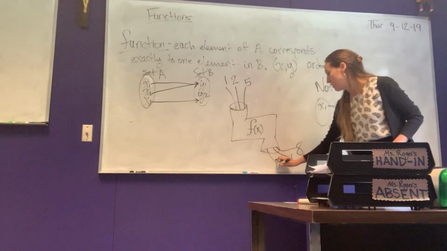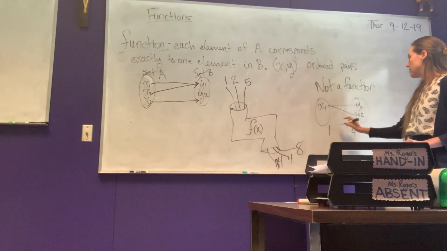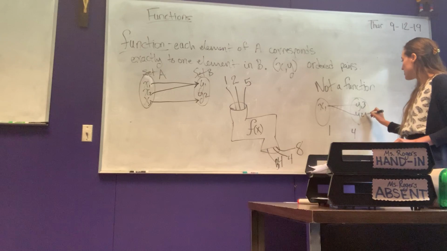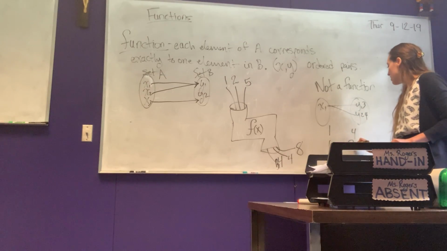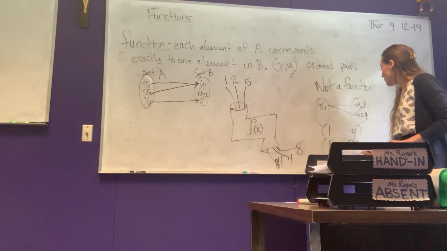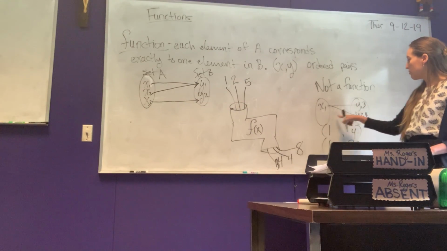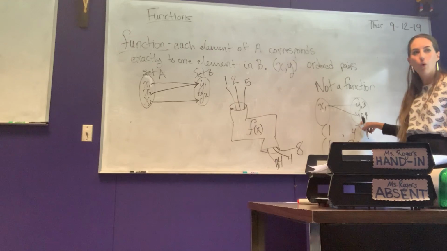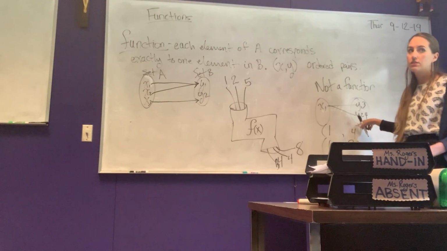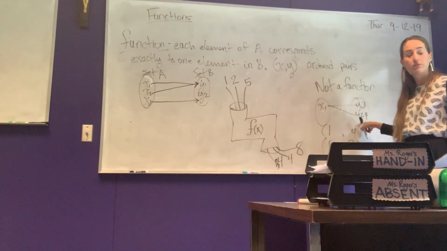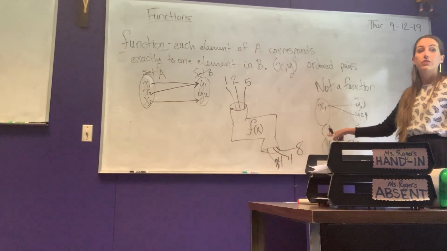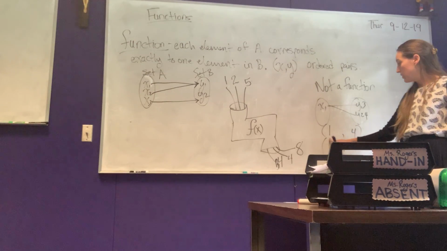That can't happen. If this is a 3 and this one's a 4, that would mean I have two different ordered pairs. I put in a 1 once and get a 3, I put in a 1 another time and get a 4. Those are two different ordered pairs. It is not a function. You cannot have different y's matching the same x.